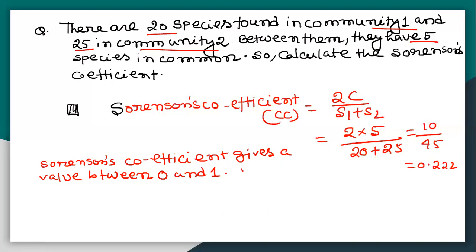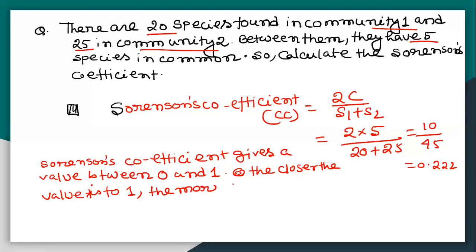The closer the value is to 1, the more the communities have in common.